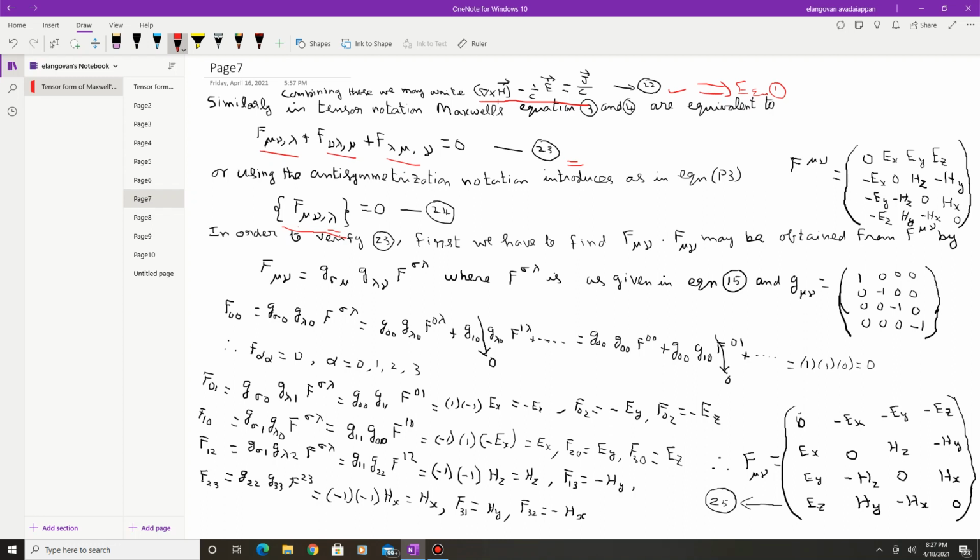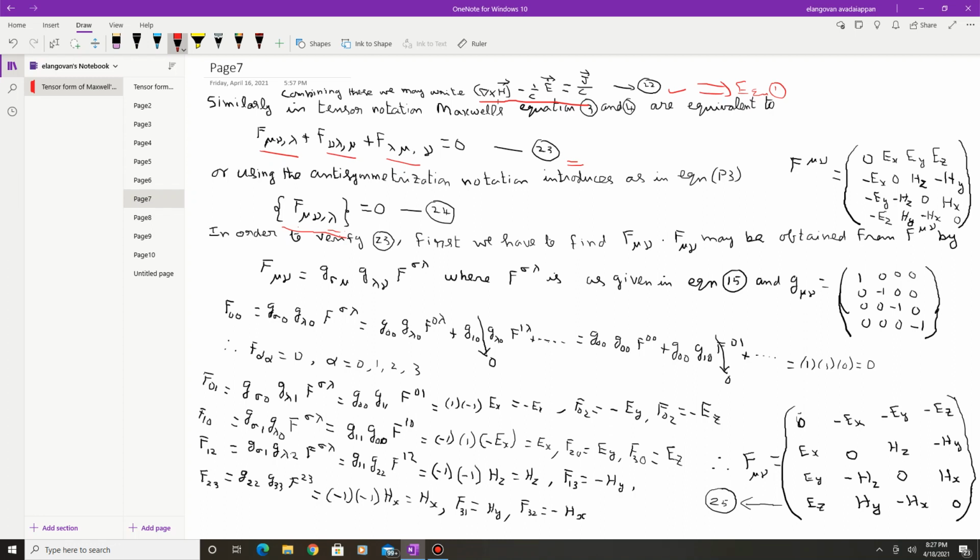We know that this f mu nu comma lambda, if you antisymmetrize, can be expressed in this way. So equation 23 can be written in the form of 24 according to properties P2 and P3.